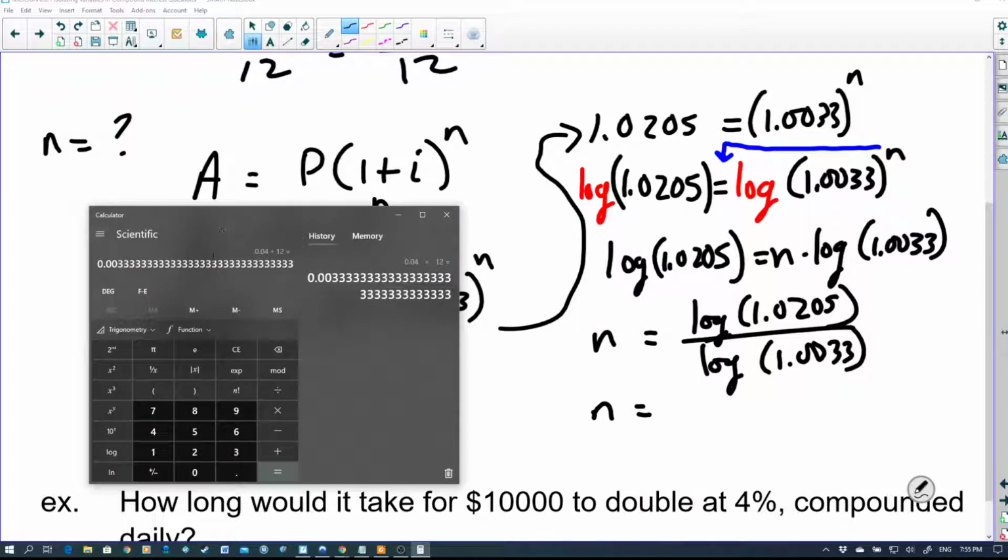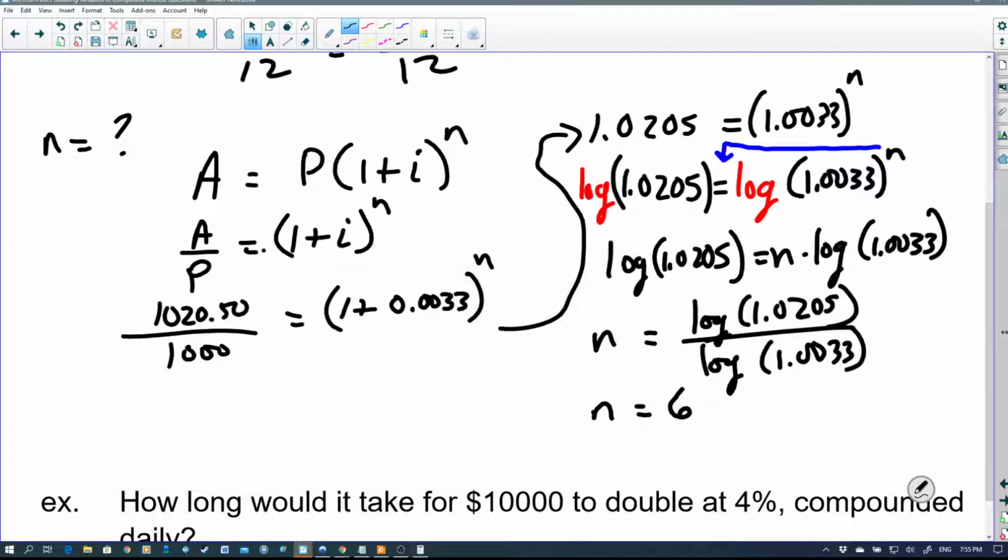So let's do our logarithm calculation. Here's our log button on this calculator. On this calculator, I have to put the number in first. So 1.0205 log divided by 1.0033 log. And you can see that that's the correct division right here. And I'm going to press equals. And that gives 6.159, which I could just round to probably 6.2. That's our n value.